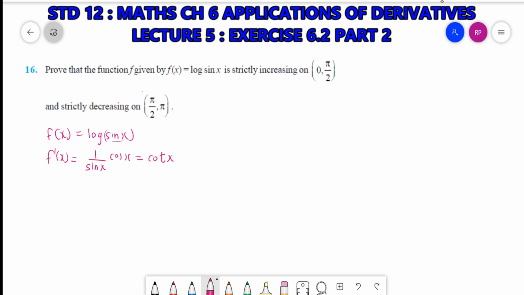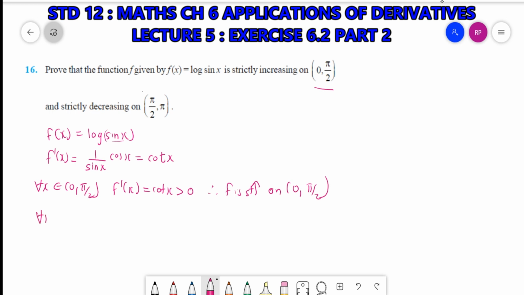Okay, now cot x is positive in 0 to pi by 2. For every x belonging to 0 to pi by 2, f dash x equal to cot x greater than 0 because cot x is positive in the first quadrant. Therefore, f is strictly increasing on 0 to pi by 2.